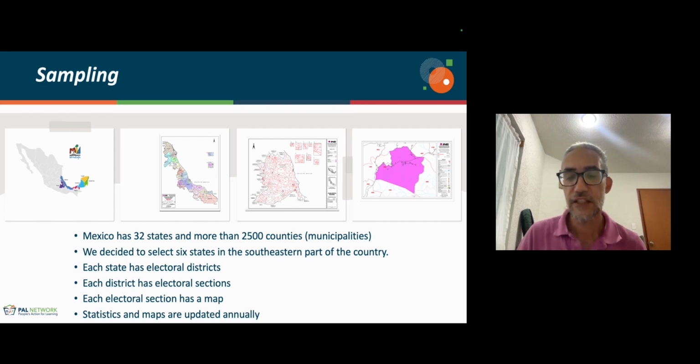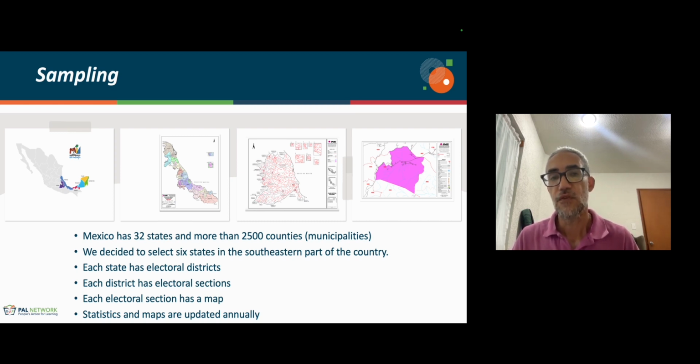Why electoral districts? Because the statistics and maps are updated annually. There are very good statistics and maps available for everybody, and because the electoral districts are equal or tend to be equal in quantity of people.